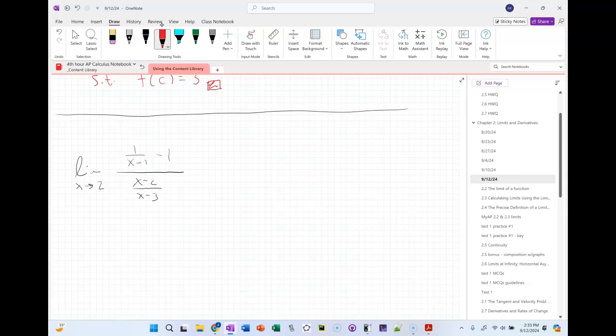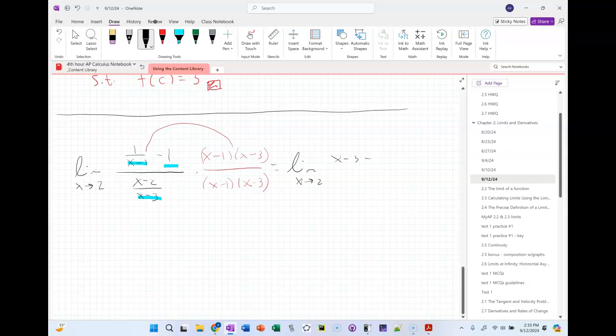Is that okay? What I'm going to do is look at all the denominators. So x minus 1, 1, and x minus 3. I would multiply the top and bottom of this by the least common multiple of those denominators. So I do that. When I distribute to that piece, I get x minus 3.